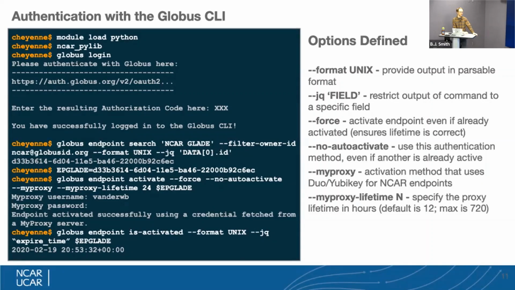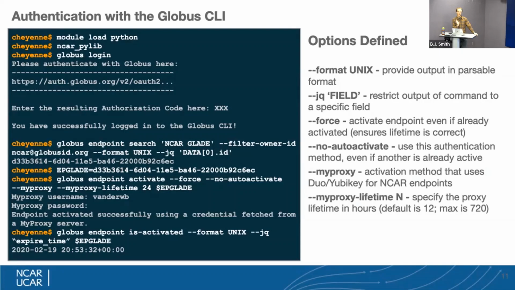which could be surprising. The other thing I specify is this --no-auto-activate option. So this basically says to use the myproxy method, even if there's another authentication that's already active. And that's basically the force and the no-auto-activate combination.